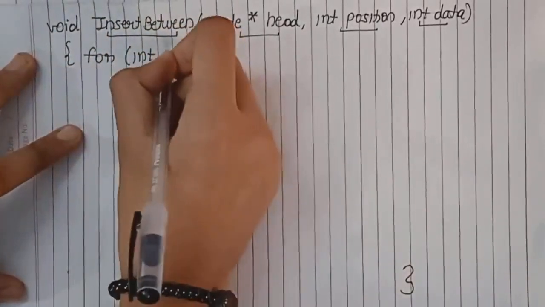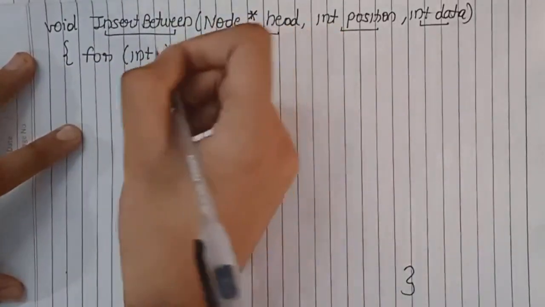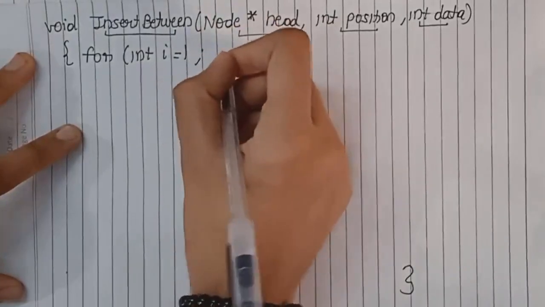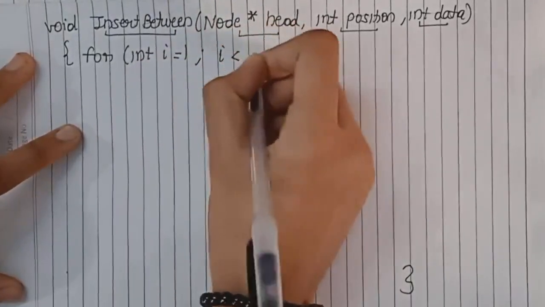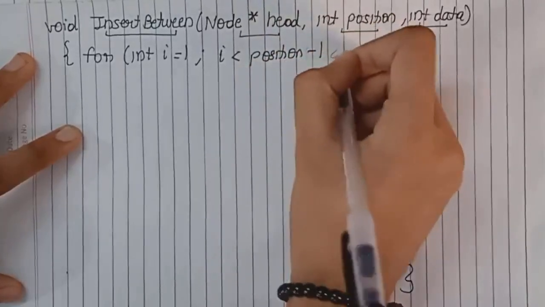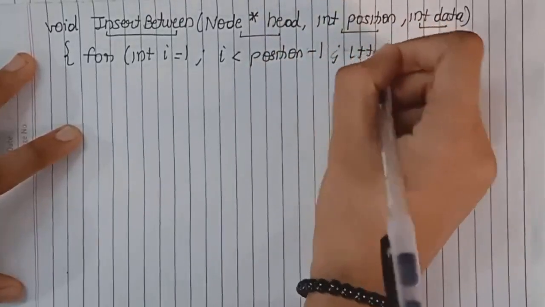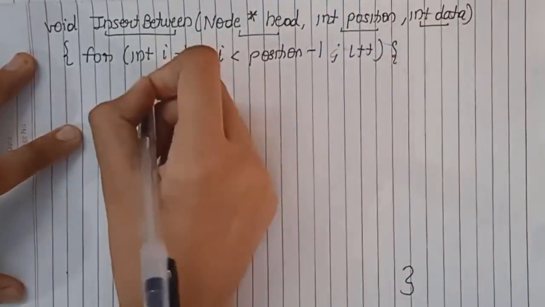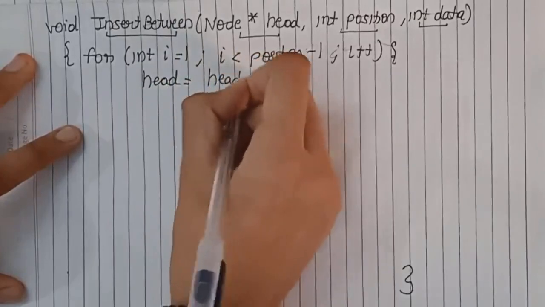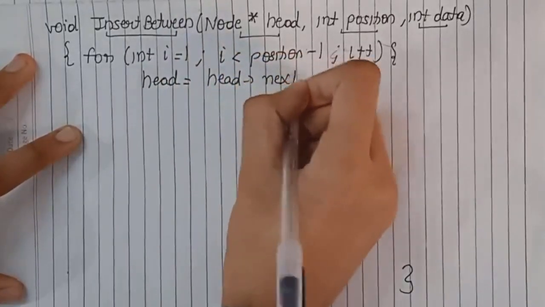We will first write the for loop to reach the n minus 1th position. So it will start from i and it will go till position -1, and we will just do head is equal to head next node.